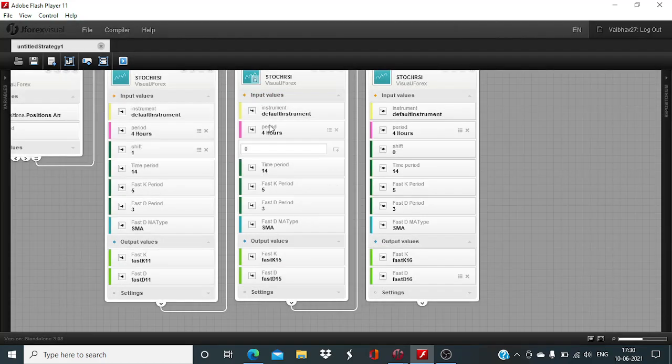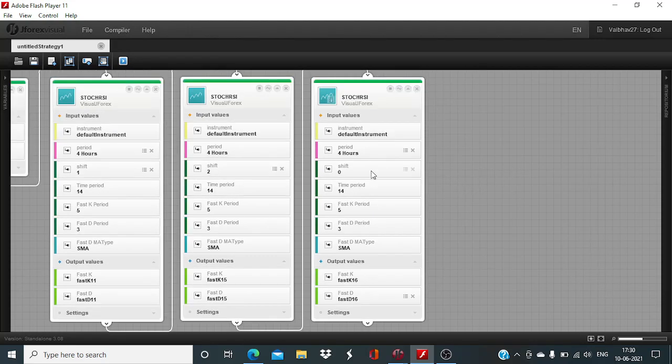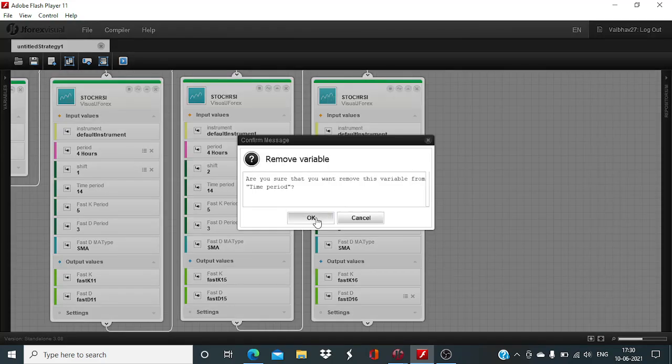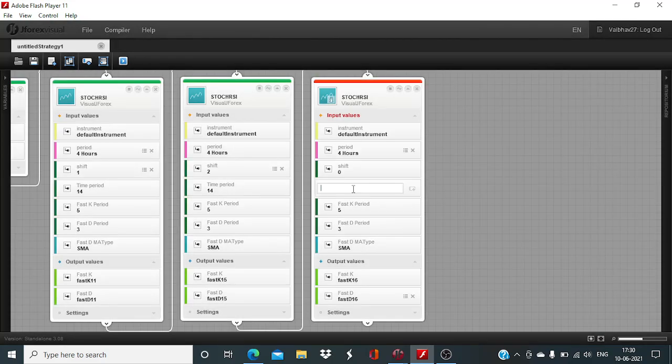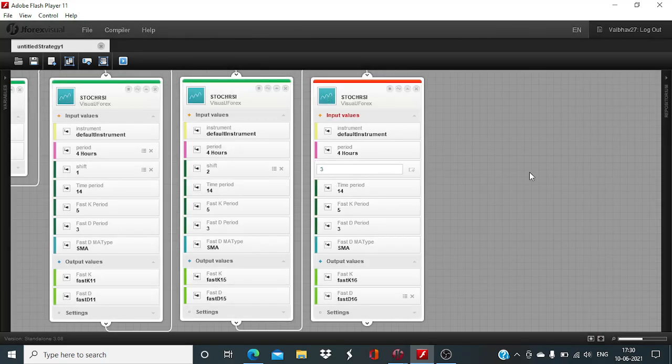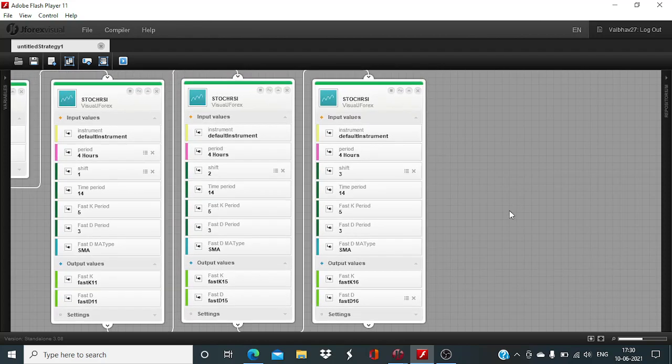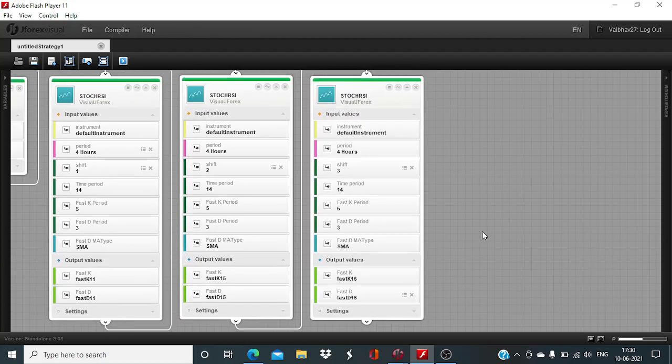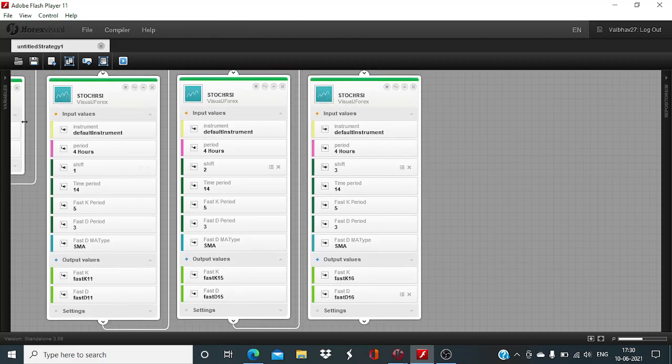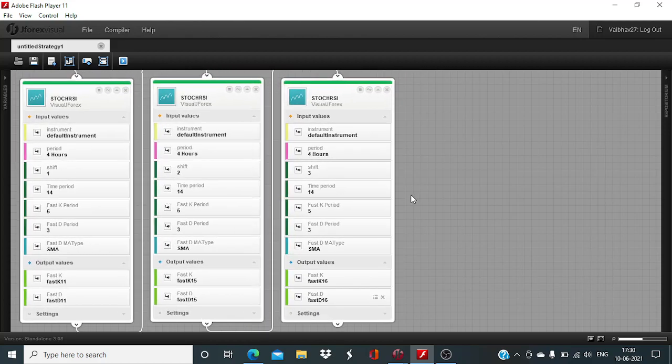Shift will be 2 in this case, and for this block it is going to be 3. This will remain the default value. In this case, the shift will be 3. Okay, so these are the 3 blocks which will help us define the condition for the execution of the trade.